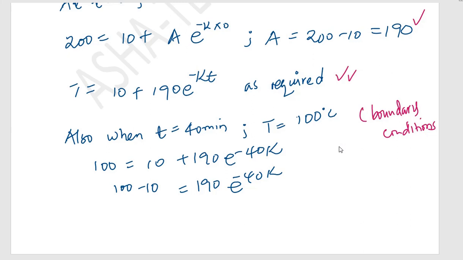At the extreme end, we are looking at when t is equal to 40 minutes. The temperature has been given as reducing from 200 degrees Celsius to 100 degrees Celsius in 40 minutes. So if at t equals 0 the temperature is 200 degrees Celsius, then after 40 minutes, at t equals 40 minutes, the temperature T is equal to 100 degrees Celsius.